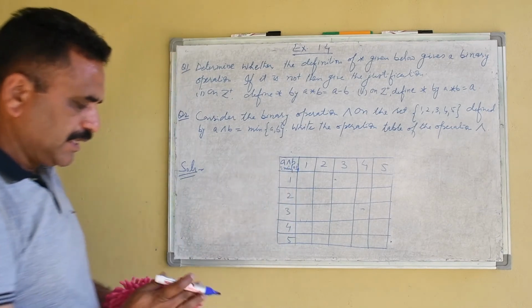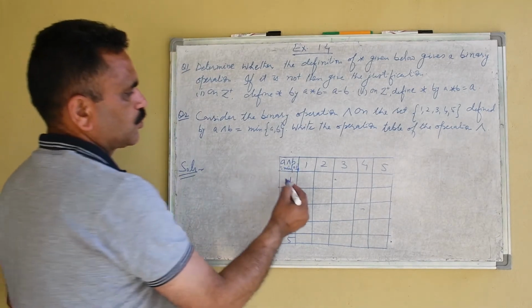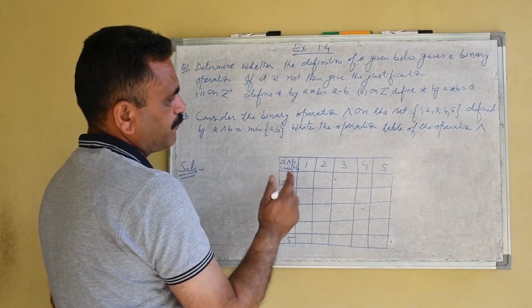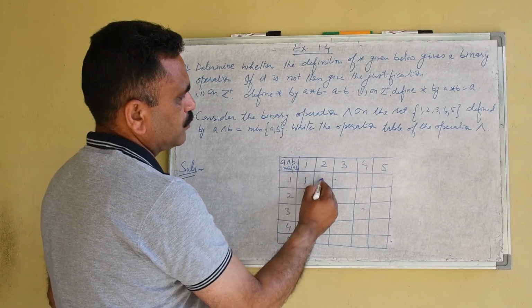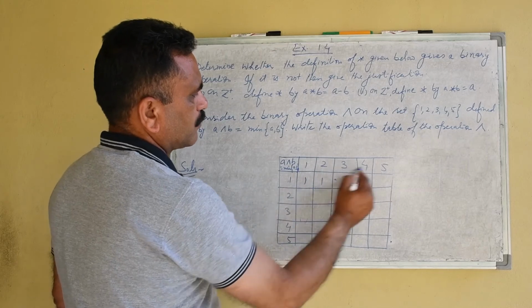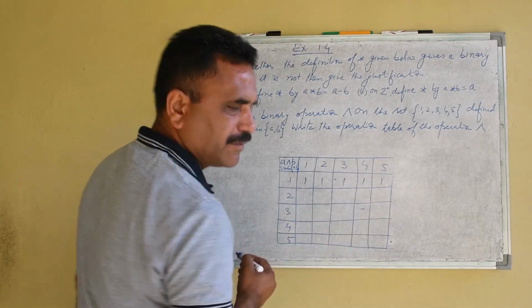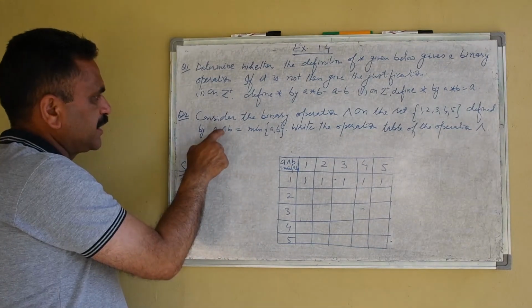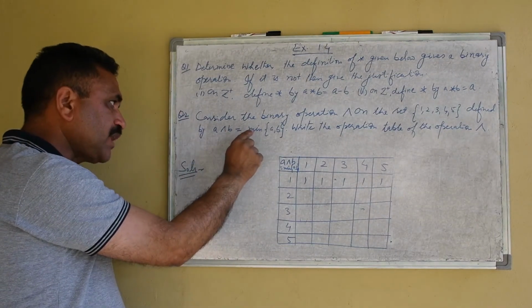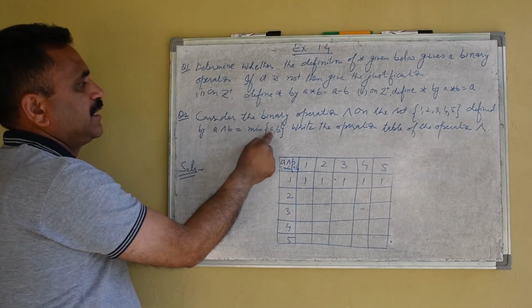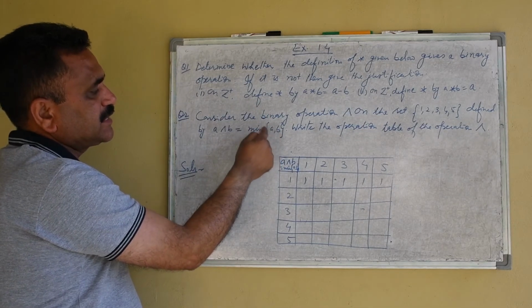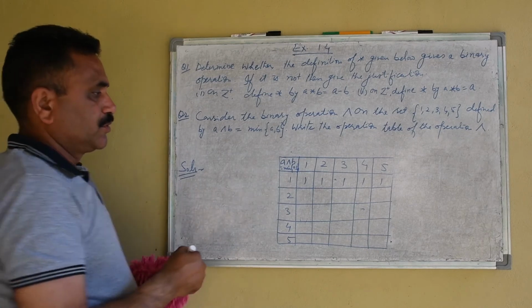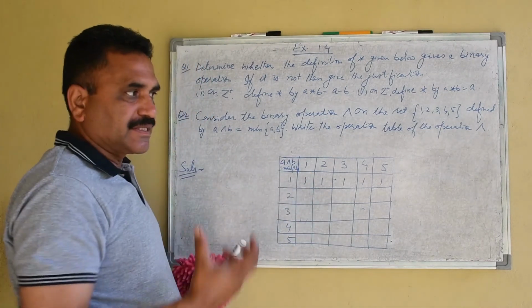We have to take the minimum of a and b. So 1 and 1: what is the minimum? 1. 1 and 2? 1. 1 and 3? 1. 1 and 4? 1. 1 and 5? 1. That means the binary operation cap is relating a and b in such a way that we take the minimum of both. Minimum means the lesser value.